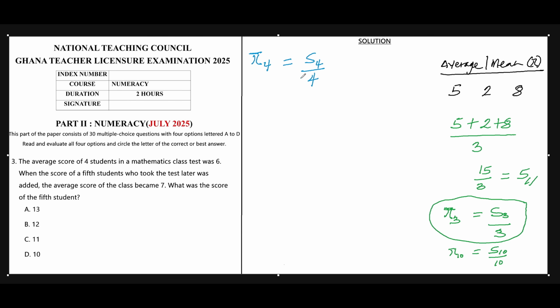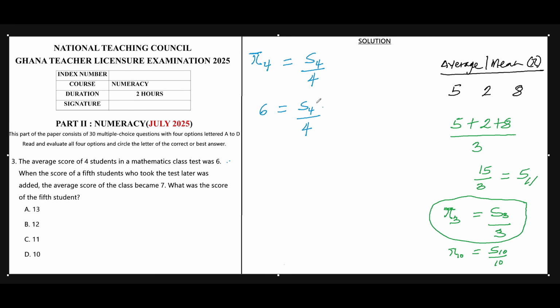But we can do some substitution because we were given the average score. So what was the average score of these 4 students? The average score of 4 students in a mathematics class test was 6. So in place of average score, let's substitute 6. So we have 6 is equal to the sum of the individual scores of the 4 students divided by 4.